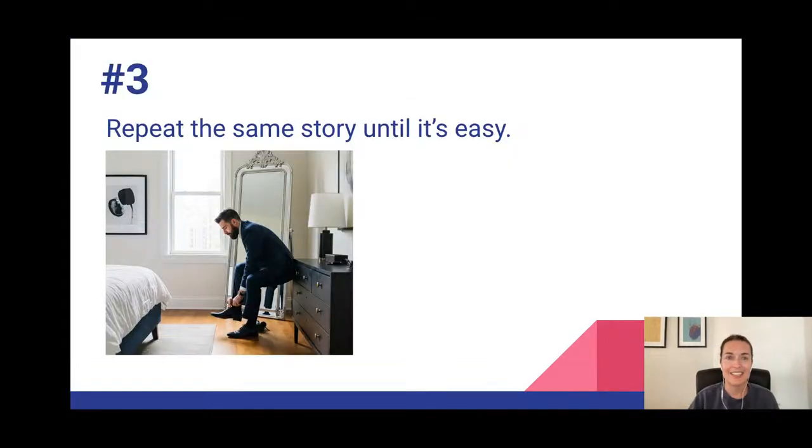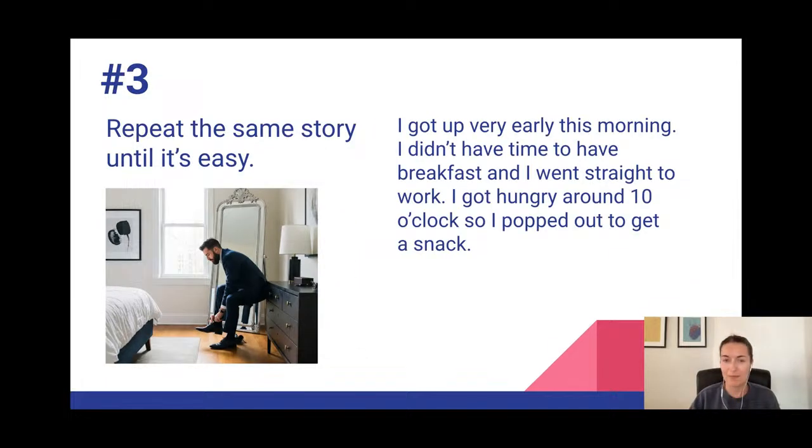So the next activity is repeating the same story until it's easy. This technique is about saying the same thing over and over again to get used to what it sounds like. So the story of your day, for example, you can write it down if it's easier at first.